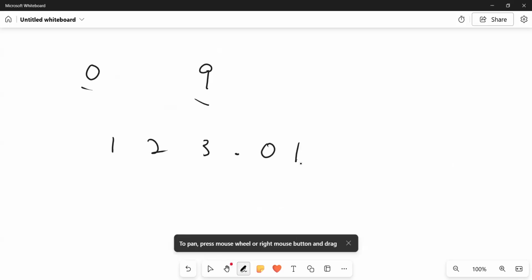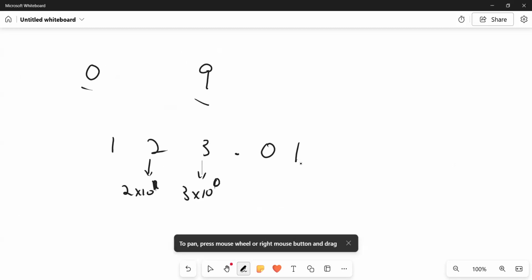So this digit means 3 multiplied by 10 to the 0 power. This one is 2 multiplied by 10 to the 1 power. Sorry, that's wrong.